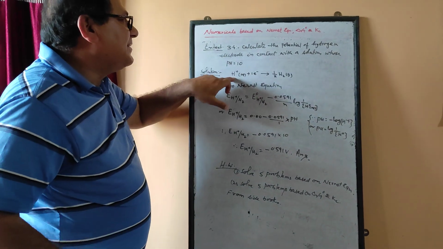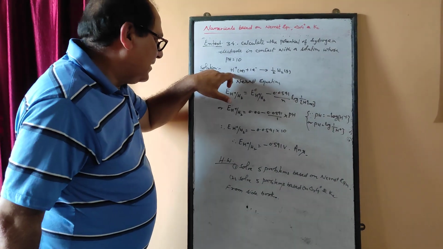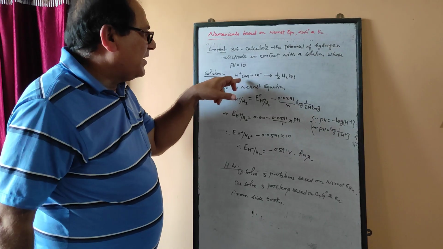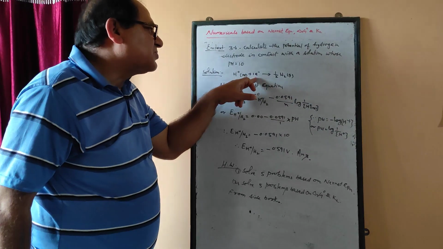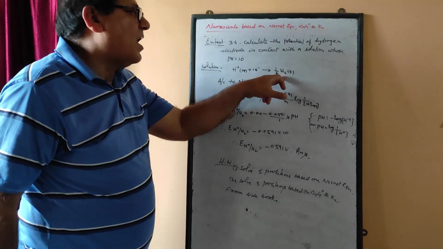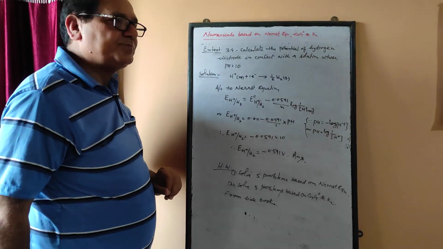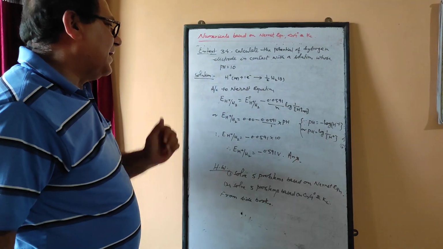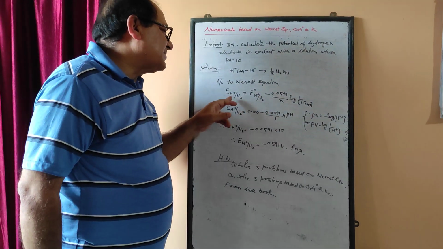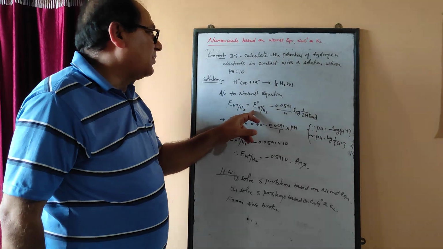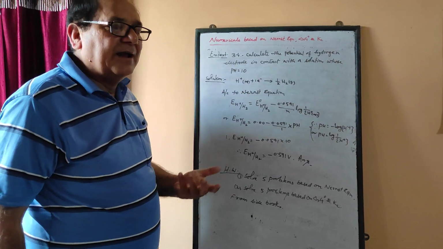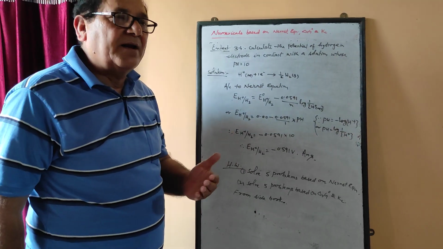Now first you have to write the reduction reaction of H plus. So H plus aqueous plus 1 electron is converted to half H2 gas. So according to the Nernst equation, you can write E of H plus/H2 is equal to, actually PH2 power half you can write, and here the pressure is 1 bar.